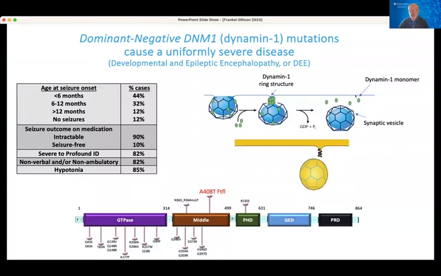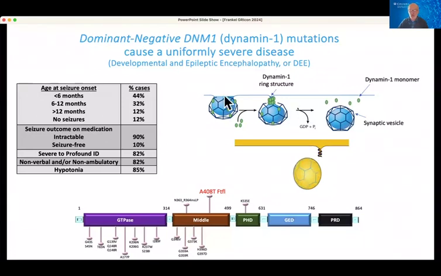And so this Dynamin-1 encodes not a big protein as a monomer, but what it does, it assembles into these ring structures that are important for pinching off the synaptic vesicle, the thing that communicates chemical signals to other neurons. It pinches it off so it can go back into the cell to recycle, load up with more neurotransmitter, and then release them into the synapse.